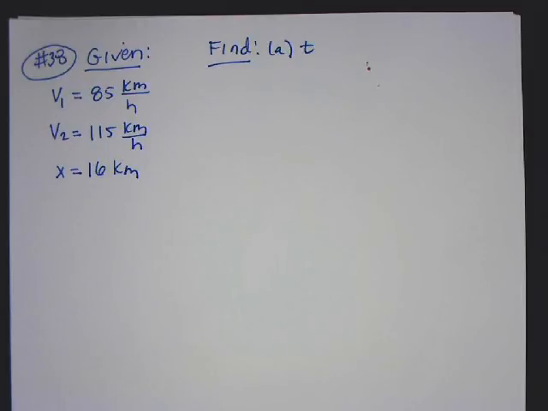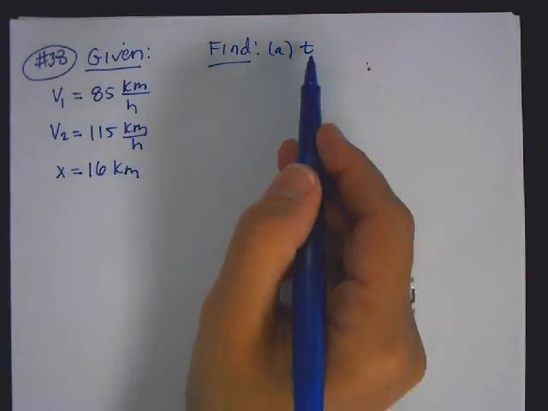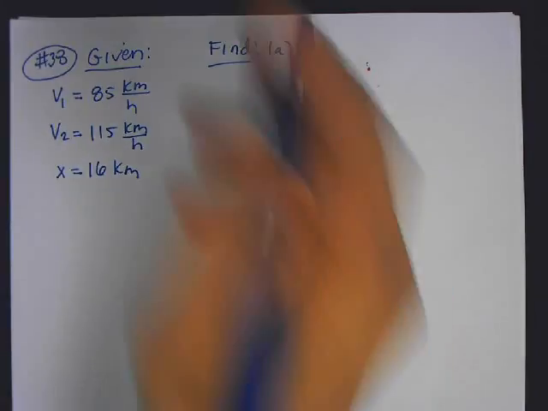Well, the question says, assuming both cars start at the same point, how much sooner does the faster car arrive at the destination? So we have velocity, we have displacement, and we want to find time. So we're going to say, well, which equation has those variables? Well, that's the equation V is equal to x over t.